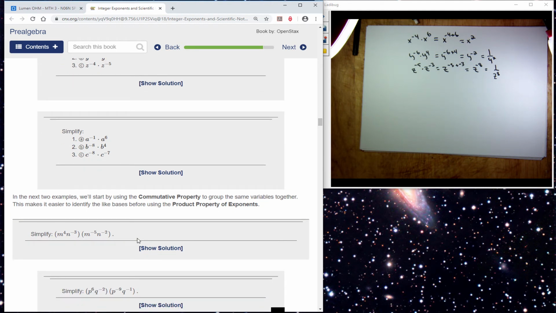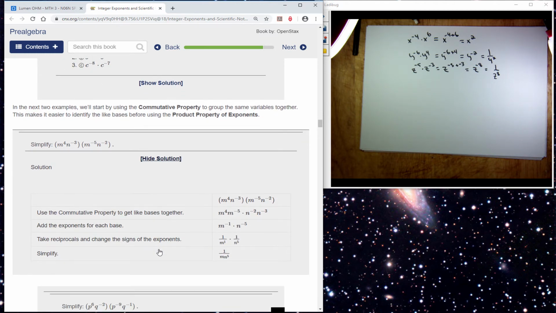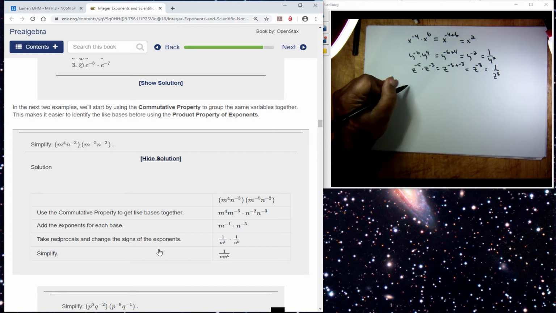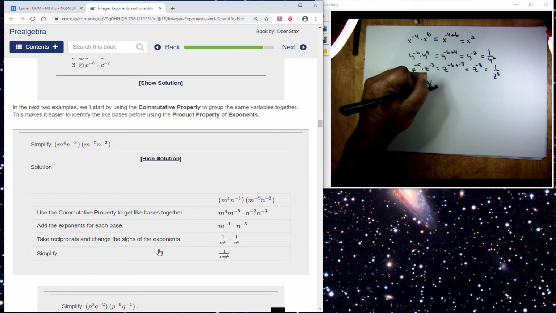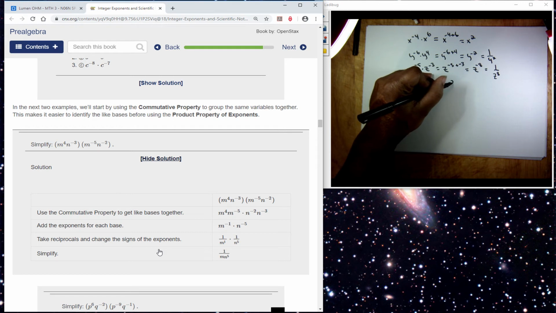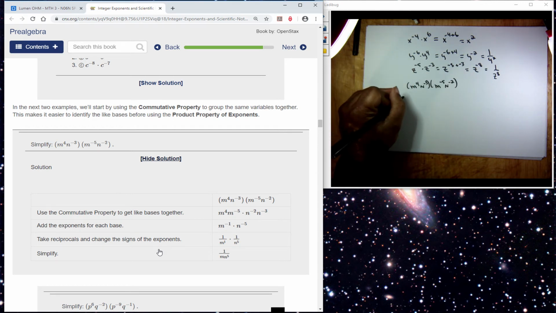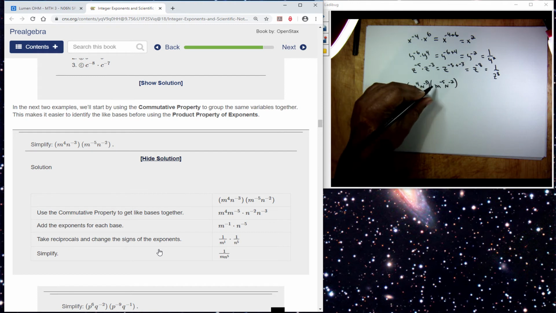Now remember that multiplication is commutative, so you can move stuff around. Same thing here with these. We apply that property here. I have m to the 4th times n to the minus 3, and then I have m to the minus 5, n to the minus 2, so you can get the same bases together.